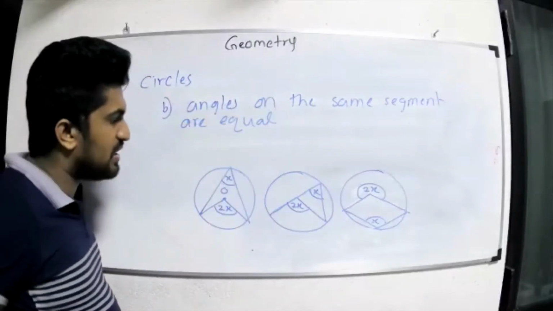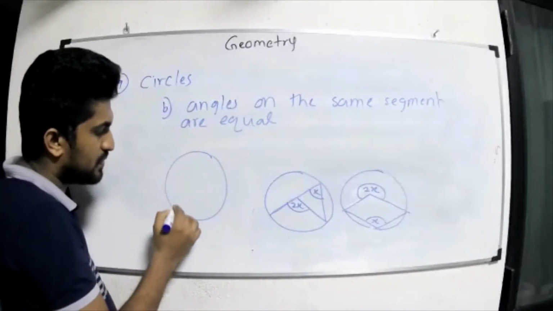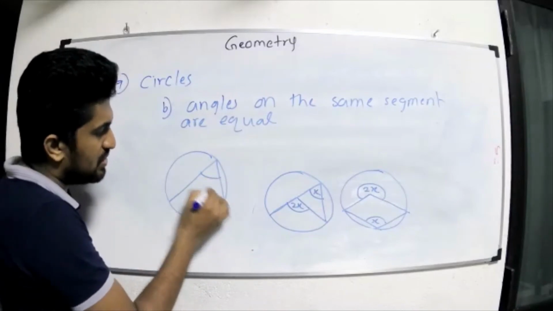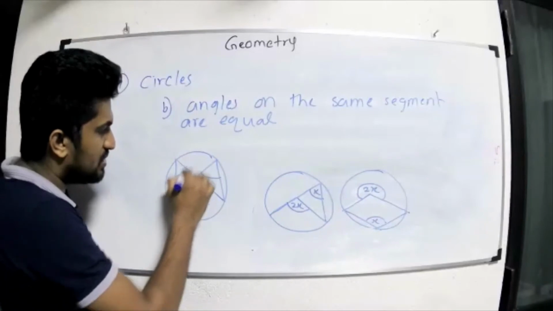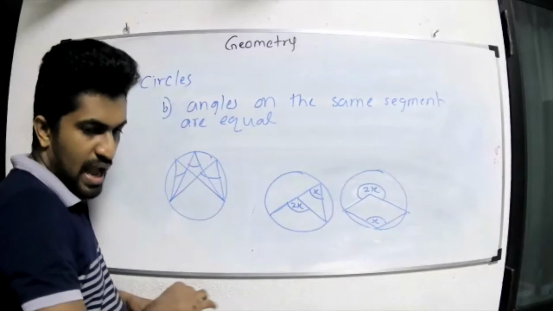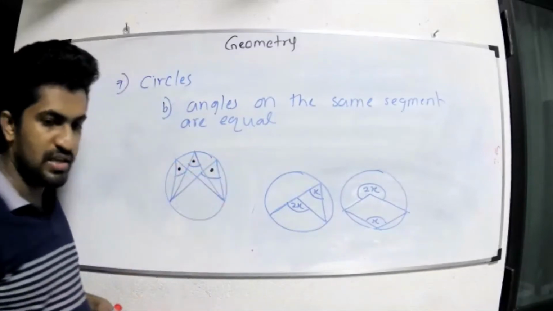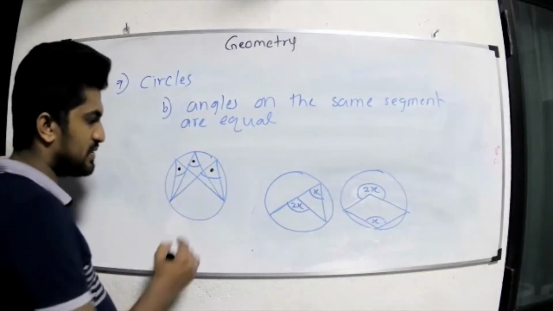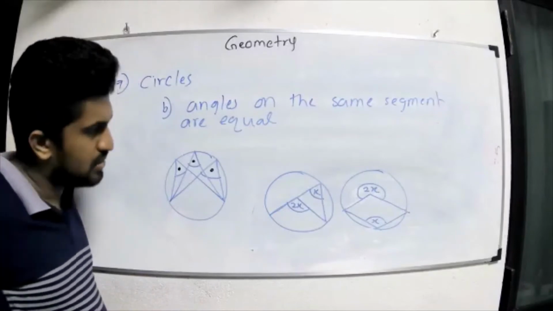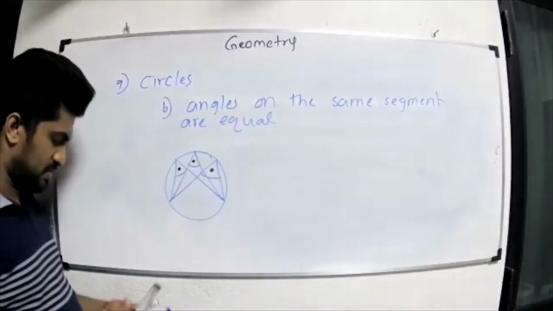Angles on the same segment are equal means, if I consider a circle, this is an angle on the segment, this is the angle on the same segment, this is the angle on the same segment. All of these angles are equal. This angle, this angle, this angle, all are equal.